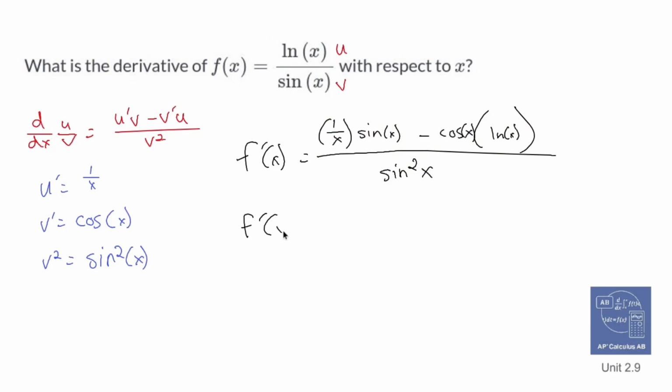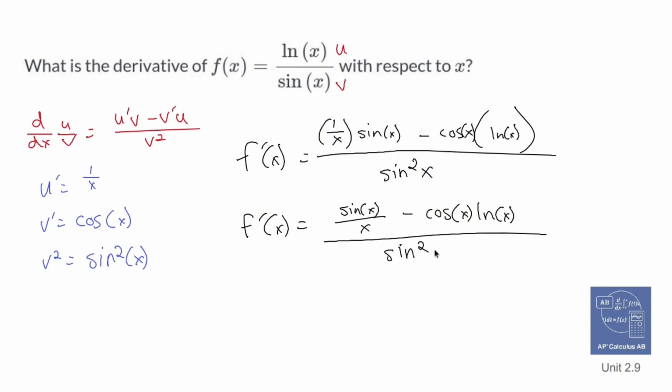So f prime of x is going to equal, let's do sine x over x minus cos x ln of x, all over sine squared x.